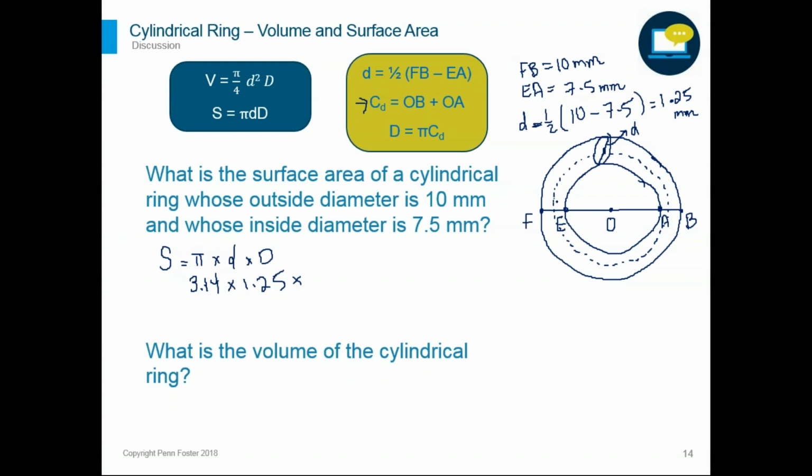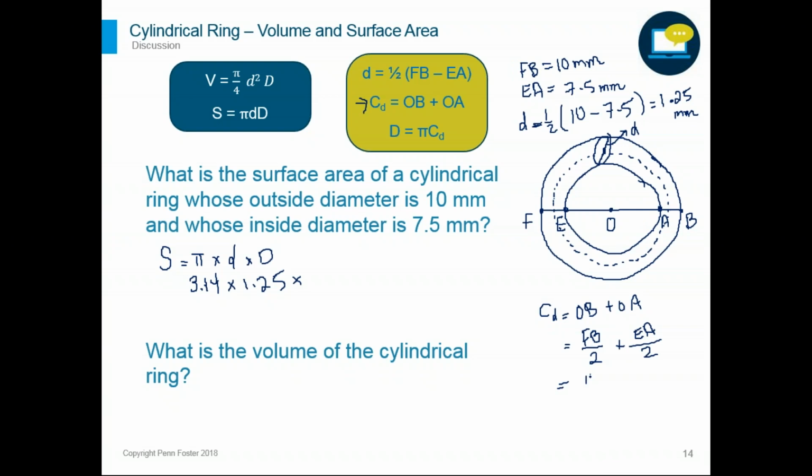Okay, to find the diameter of the center circle from this formula, C and then little d equals OB plus OA, which is essentially the sum of the inside and outside radii. I'm given the inside and outside diameters, so I'm able just to take half of each of these values, and that will give me the radii. So OB is actually FB divided by 2, and OA is the inside radius, EA divided by 2.